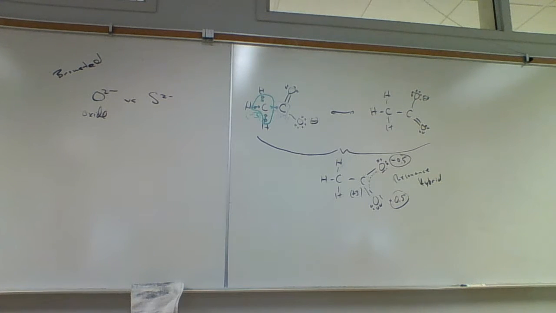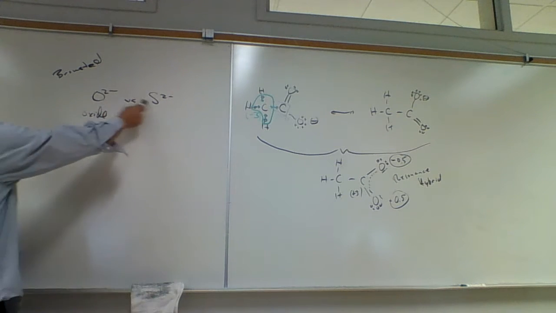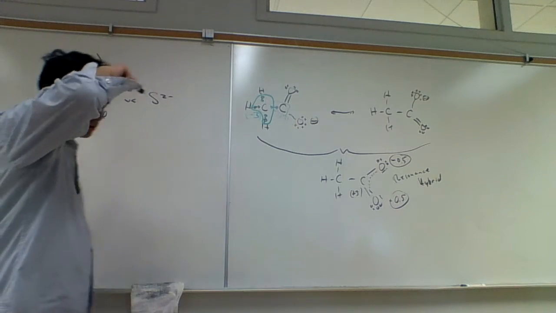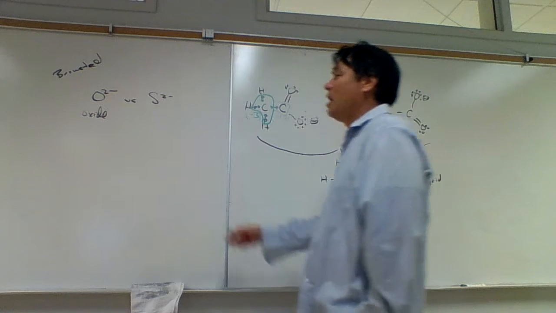The things that are attracted to negative charge are called electrophiles. So all we're looking for is what's attracted. Is it going to be attracted to positive charge, nucleophiles, or to negative charge, electrophiles? This is going to be attracted to positive charges. These are already negative, so this is going to attract. So which one's going to have a better time at attracting the positive hydrogen?